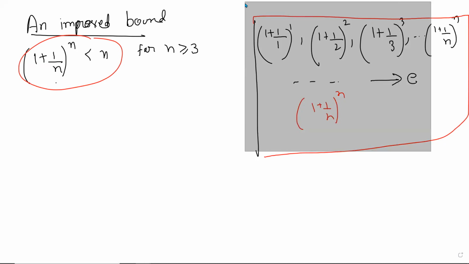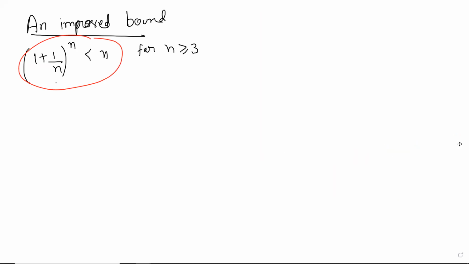But we can't prove it is less than e now, or less than or equal to, say, 2.8, but I think we can prove it is less than 3. So this is my aim for today, trying to prove that this number is less than 3.